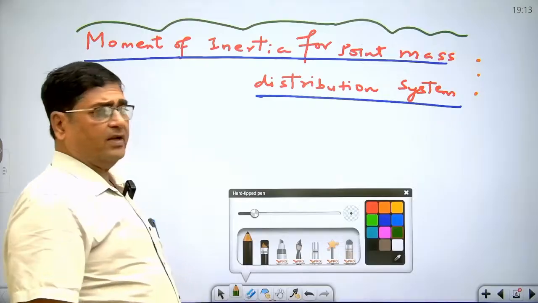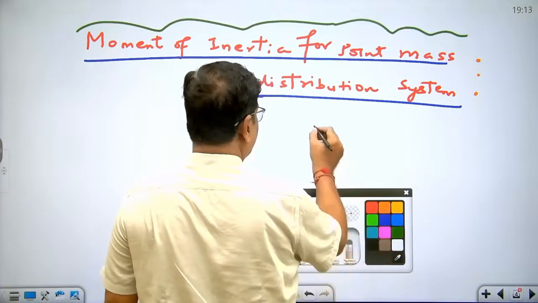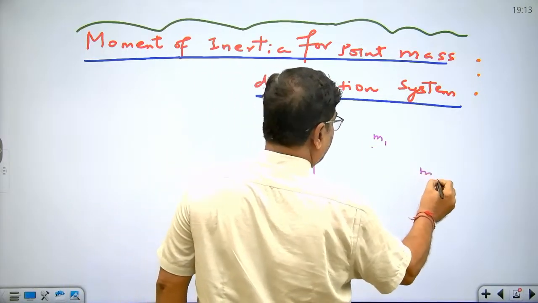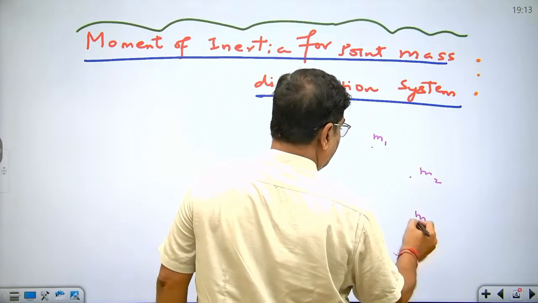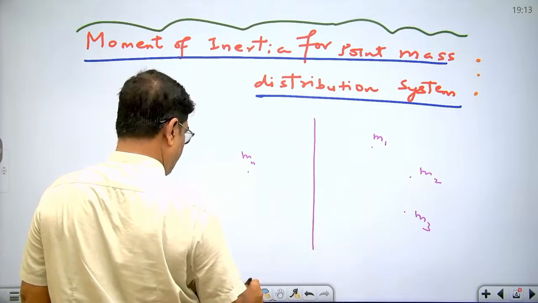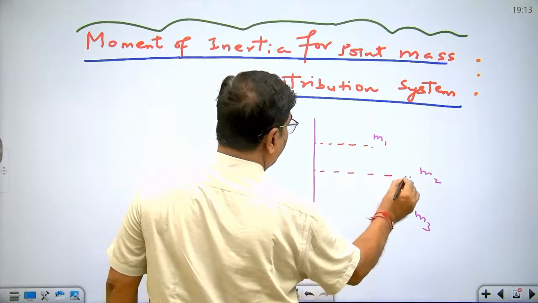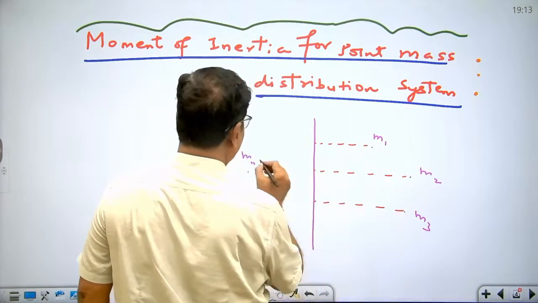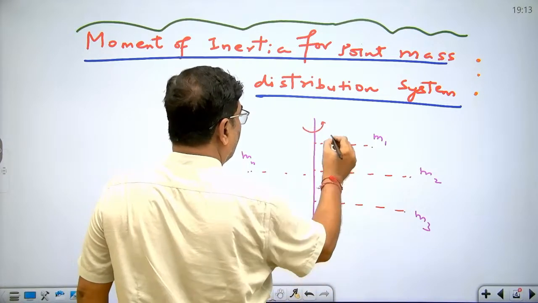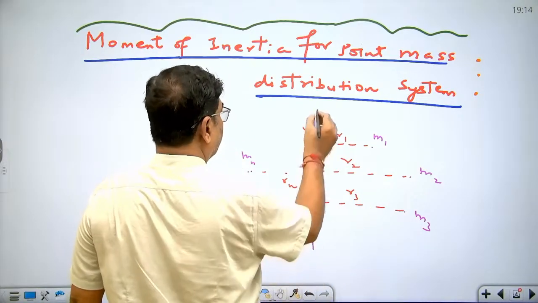Dear student, in the figure, some point masses have been shown about the rotational axis. Suppose this is M1, this is M2, this is M3, and this is Mn, whose perpendicular distances from the rotational axis are R1, R2, R3 and Rn.